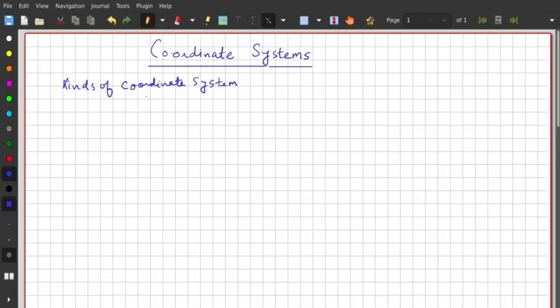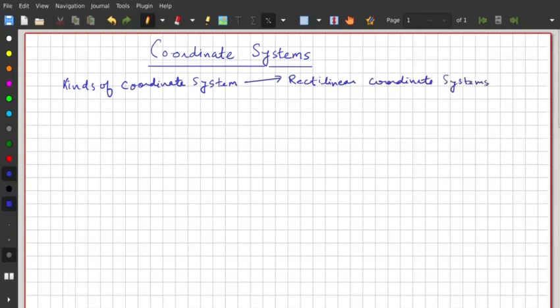And the two generic ways of characterizing them: we call one class of coordinate systems rectilinear coordinate systems, and the other one, which is the generalization, is the curvilinear coordinate systems.